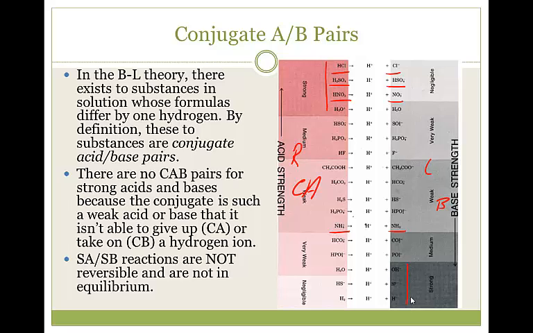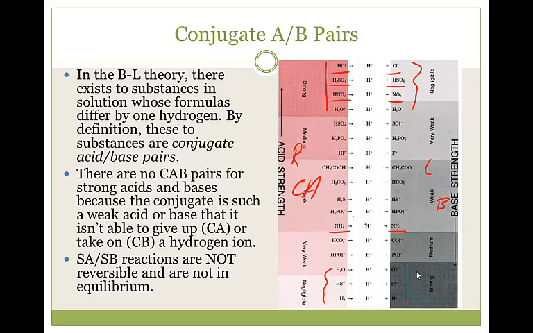So our strong acids and bases, we typically do not say that they have a conjugate, just because there's no basicity for these ions right here because their acids are so strong. The same thing here. There's no acidity for these conjugate acids because their bases are so strong.